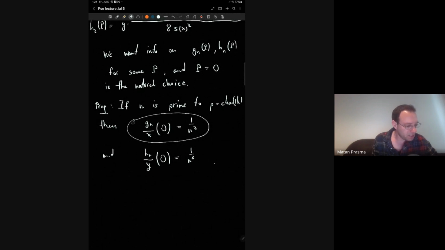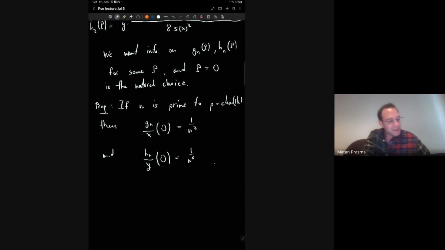And of course the difficulty is that the explicit formulas for G_n and H_n are not accessible. I mean, they explode very quickly. This is one of the reasons that elliptic curves are used in cryptography.